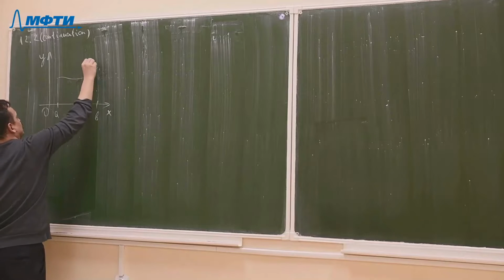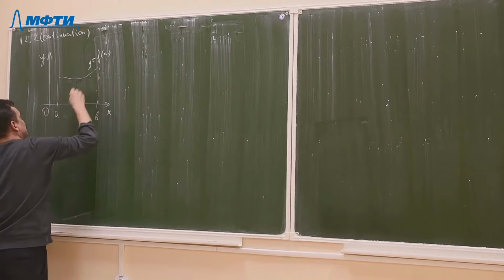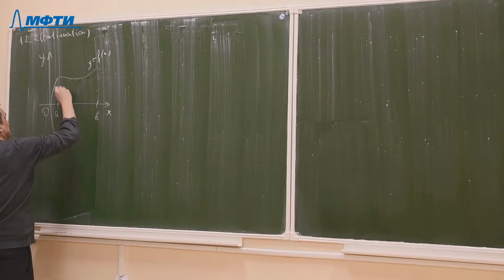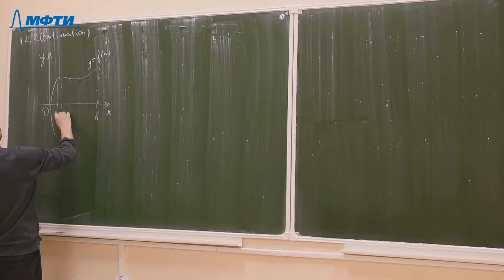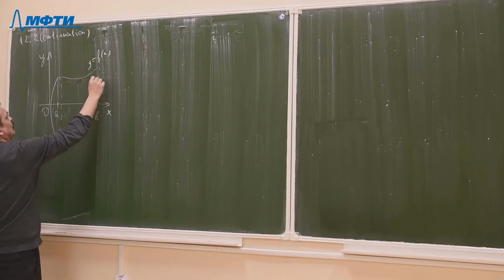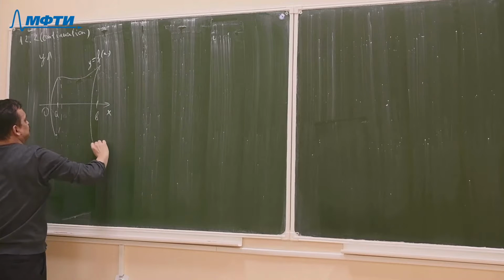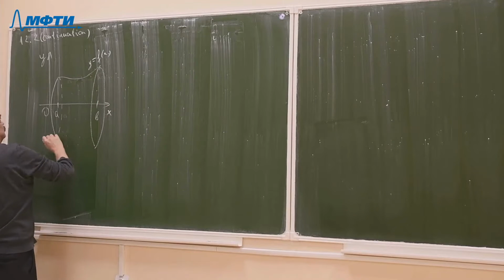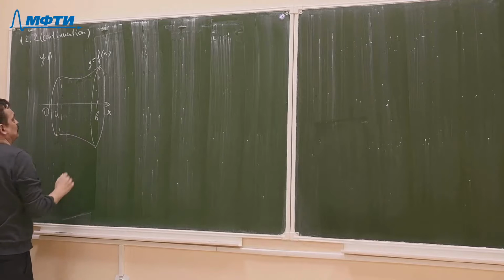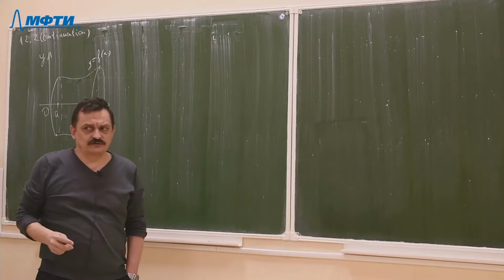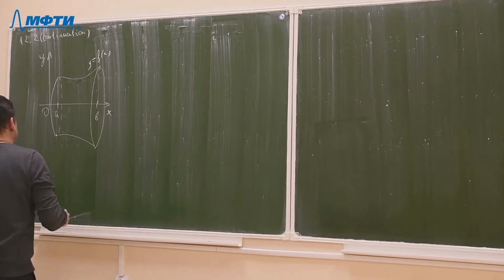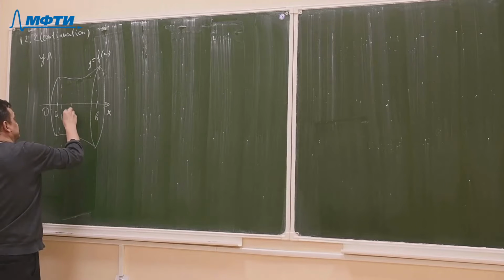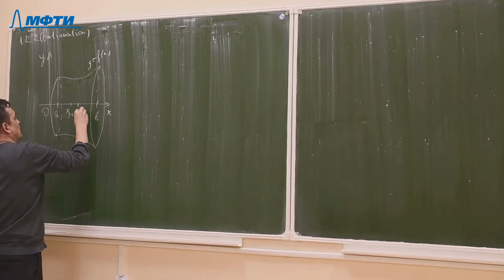So we have y equals f of x. We rotate it about x-axis, and we want to compute the area of surface for the resulting solid.